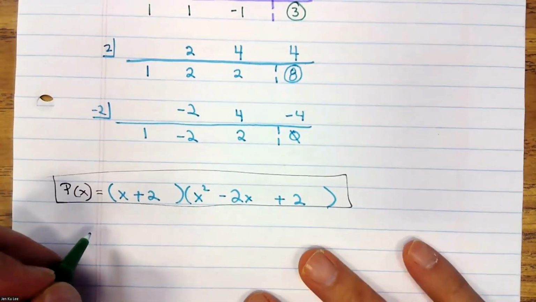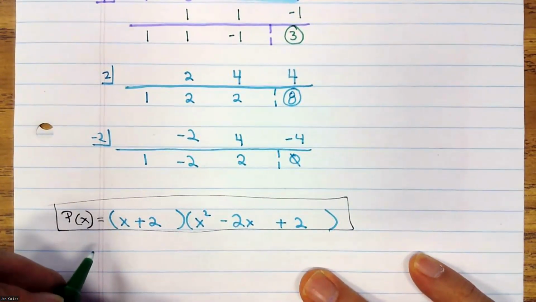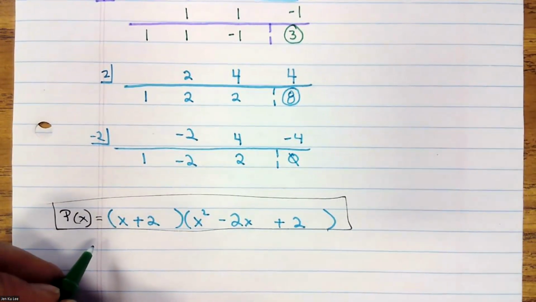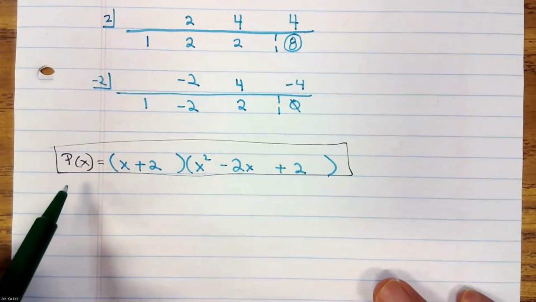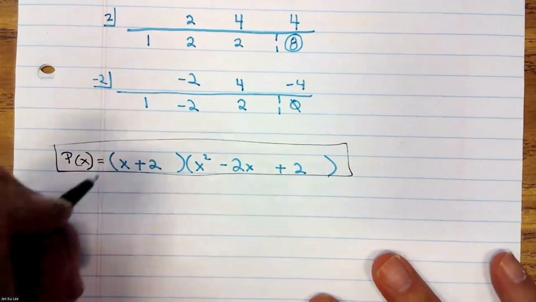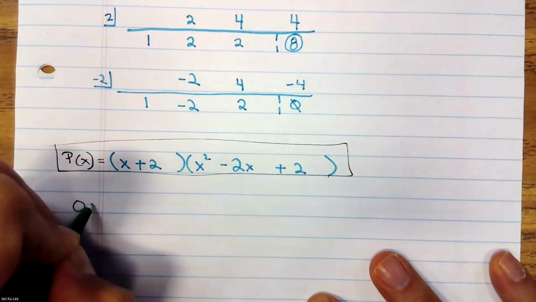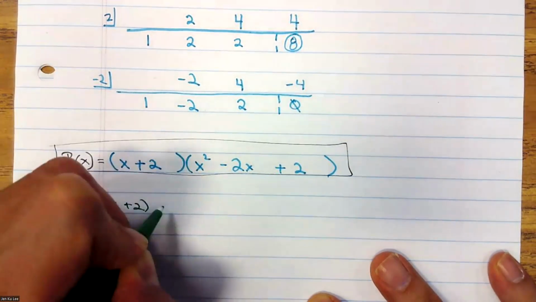So I'm gonna have to find my zeros. So we have our factored form here, right? The next step is to find our zeros. So I'm gonna set this equal to 0. And honestly, class, you don't really need this step.